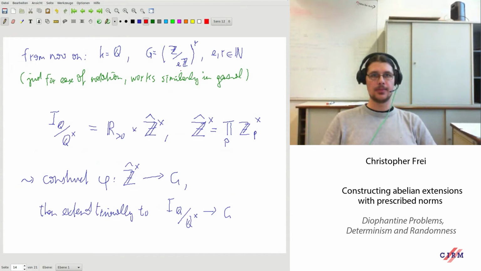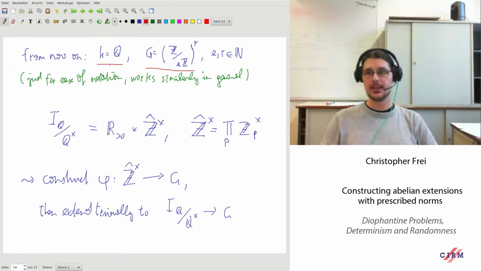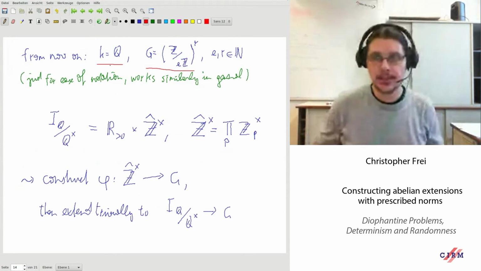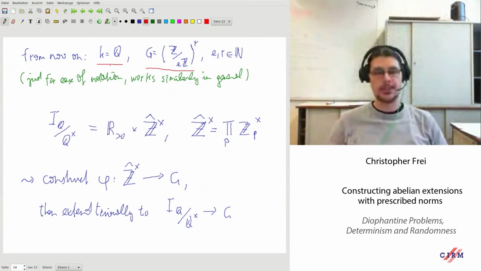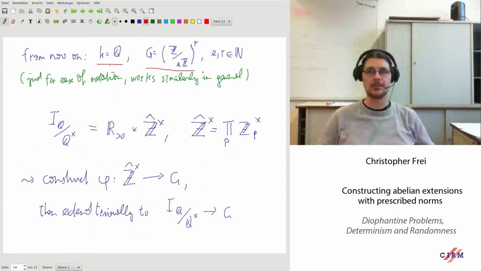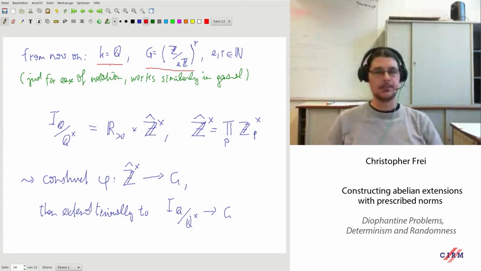You can go from these special G's to general abelian groups just by taking e to be the exponent, and then you can reduce to the case of these groups G. And you just have to use some more notation to get rid of the restriction that little k is Q. It gets a bit more complicated because, as usual, the infinite unit group makes problems, and non-trivial class group also creates some problems, but it's well known how to deal with this.